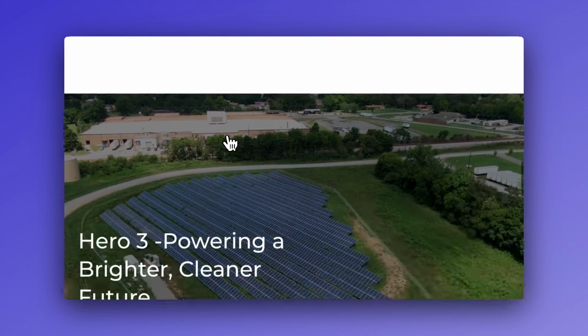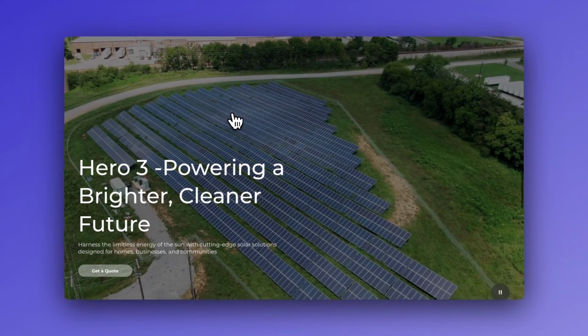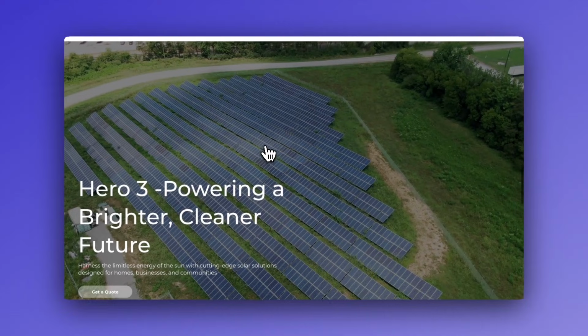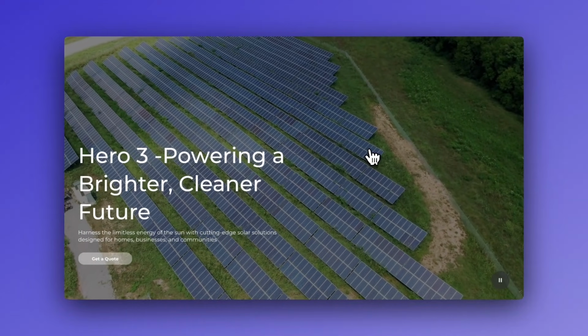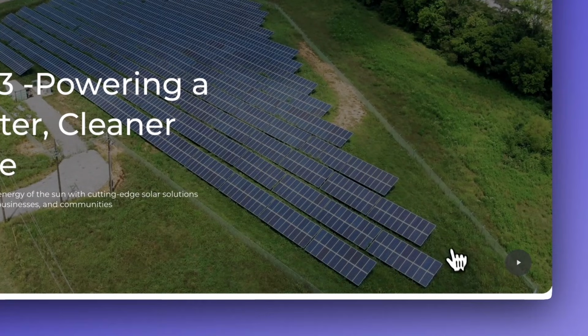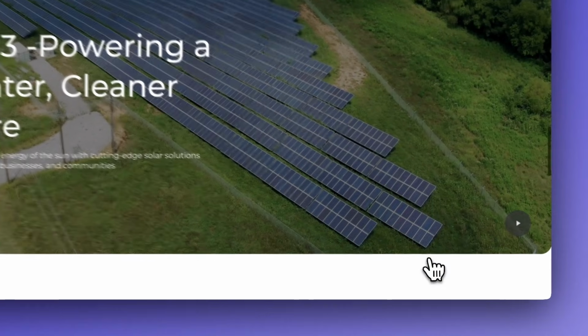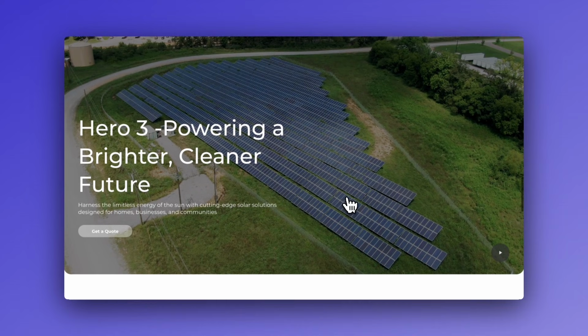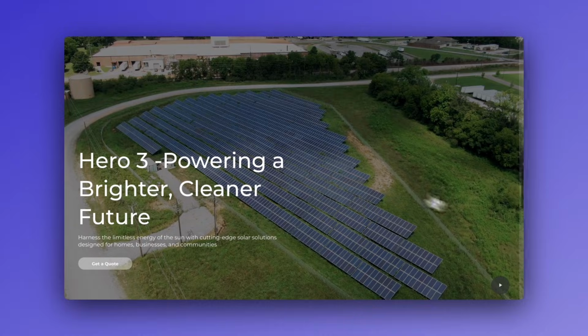nice. Moving on further, we have a hero section that has a video background, and this video background, for accessibility reasons, includes a pause button right here, as you can see. So you're also covered from the accessibility perspective with this hero section if you include videos.